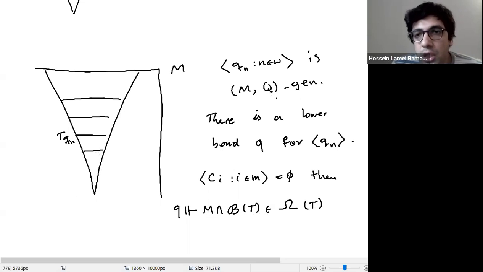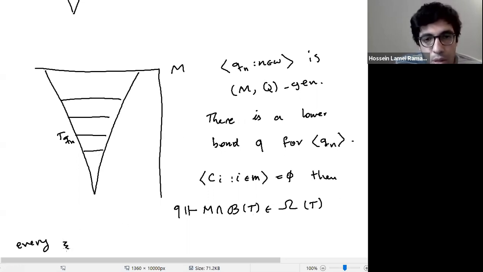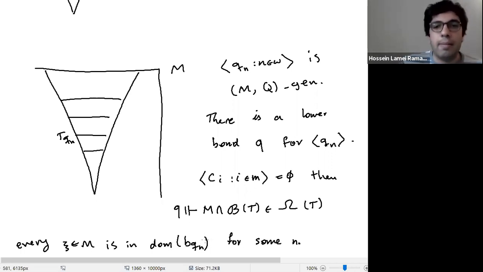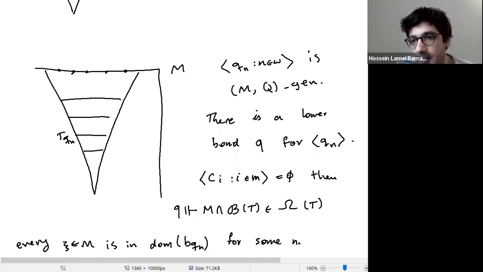It's because by genericity, every psi in M is in the domain of BQN for some N. Then in the extension by this Q, the top level of this truncation of this tree is going to be only the elements which are going to be in some big psi.